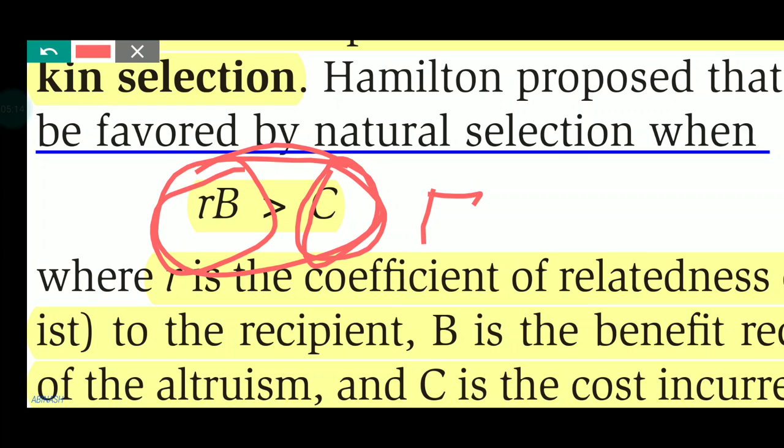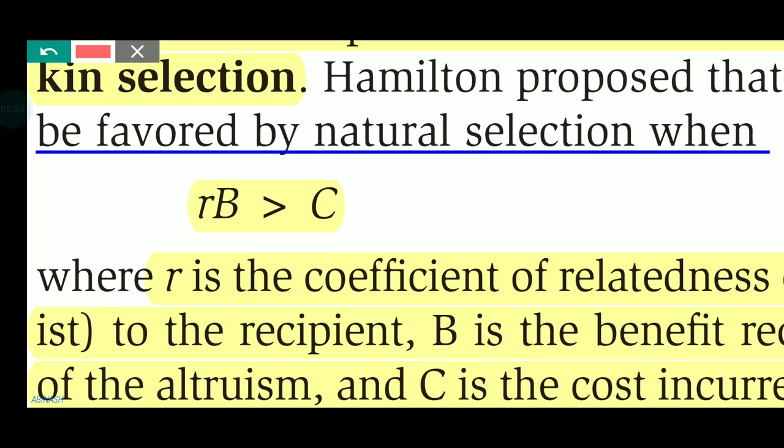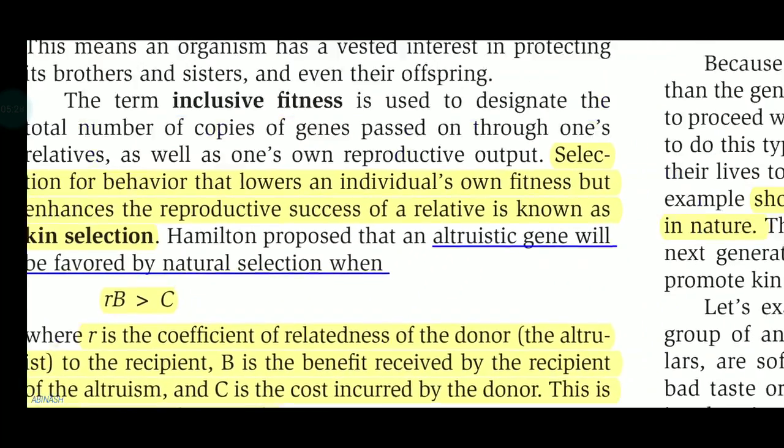We can also write this as rB minus C should be greater than 0. Get it? So this is kin selection and Hamilton's rule.